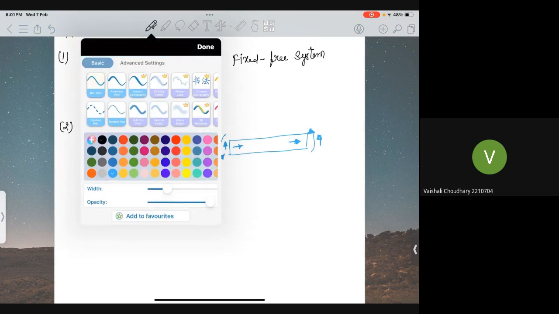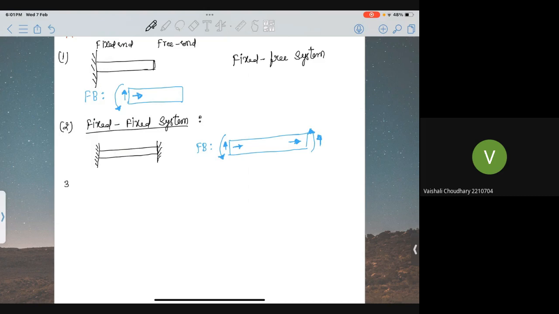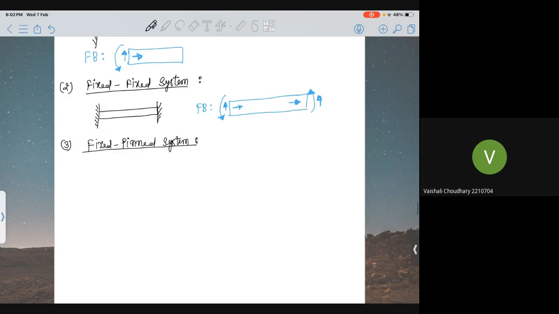Now we'll move on to our next system, which is the fixed-pinned system.